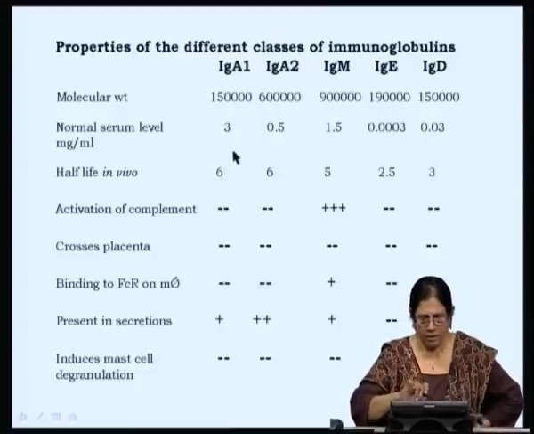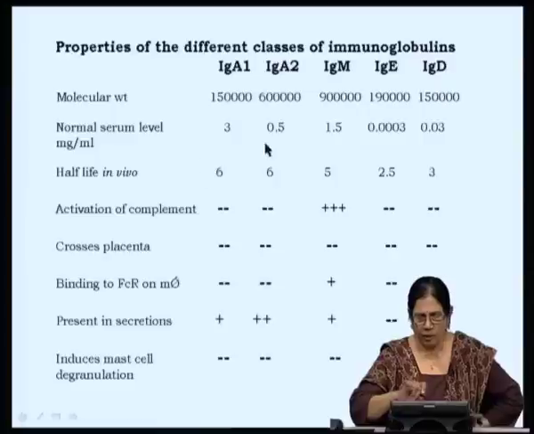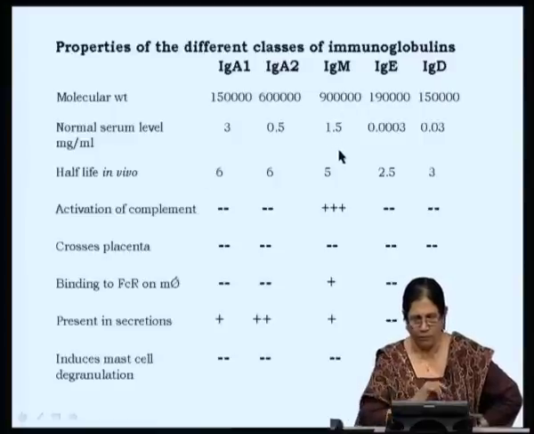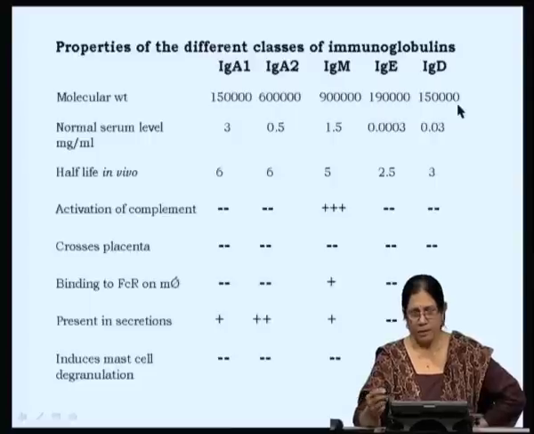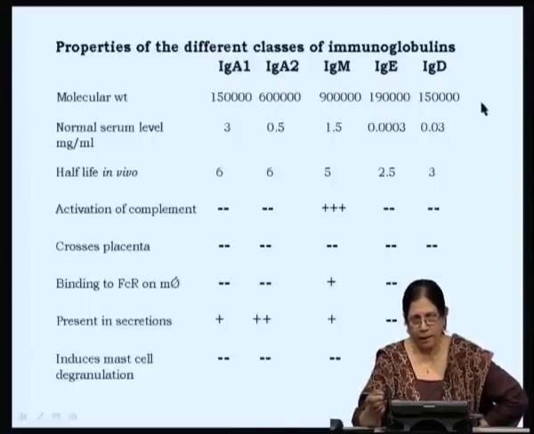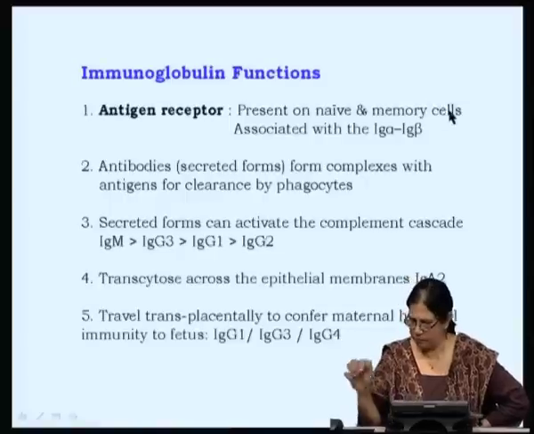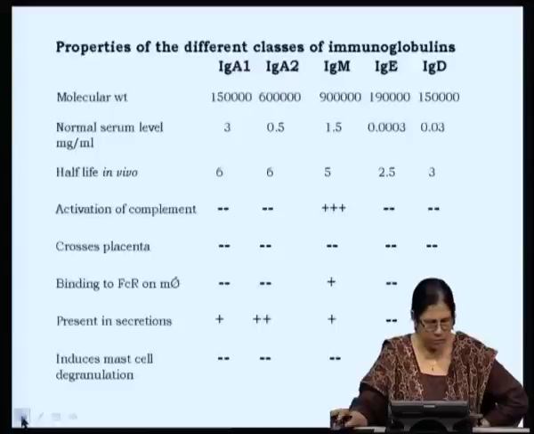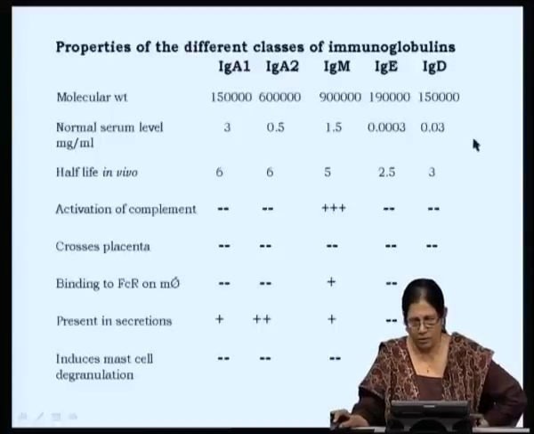IgA1 is present in 3 milligrams per ml, IgM half of that, 1.5, and IgD, as I have told you several times, is mostly present as cell surface receptor and almost no antibodies in circulation represent the IgD class.